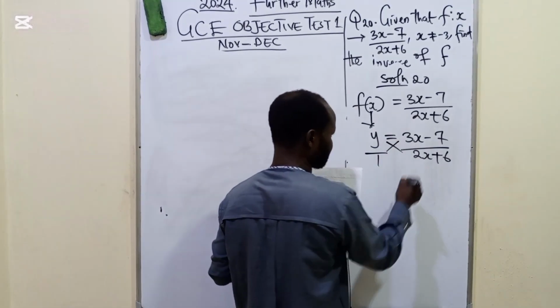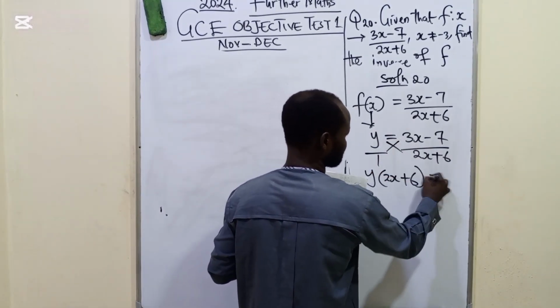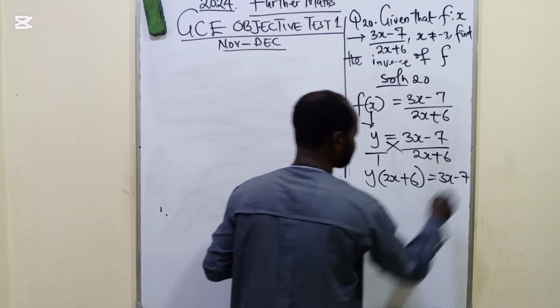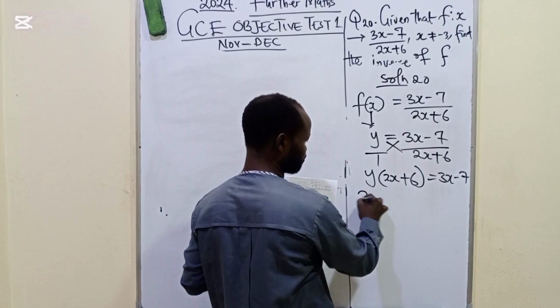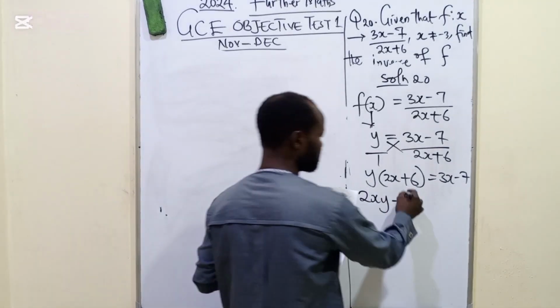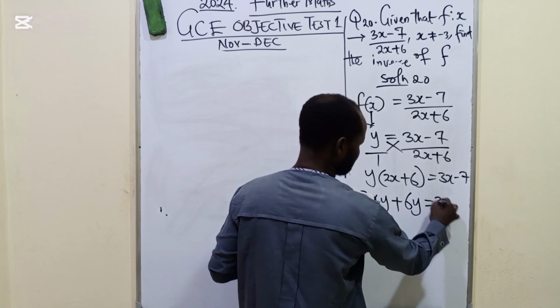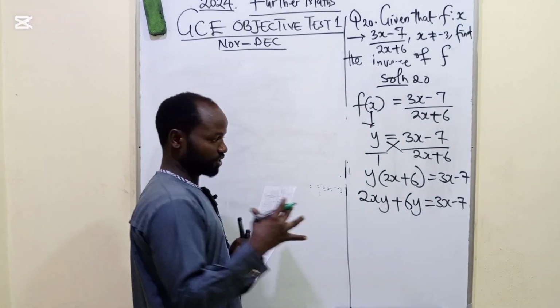We can cross multiply here to be y into 2x plus 6 equals 3x minus 7. Let's clear the bracket at this point. Y times 2x will be 2xy plus y times 6, of course, will be 6y, equals 3x minus 7. Let's try to rearrange those with x one side.